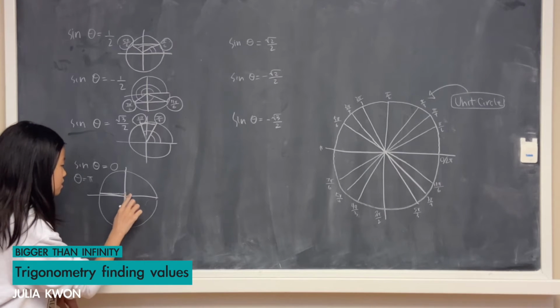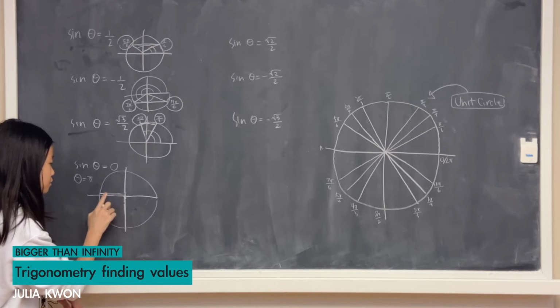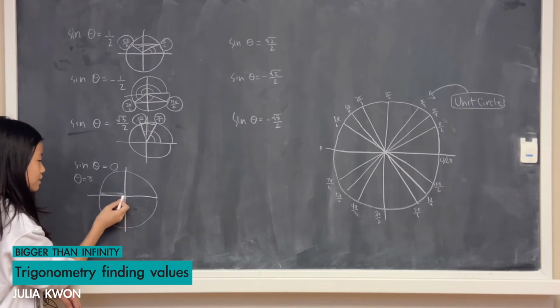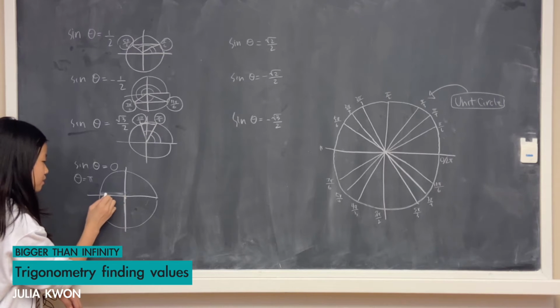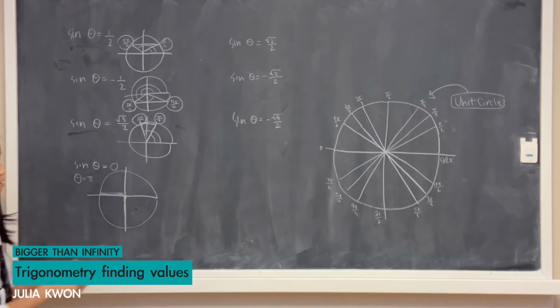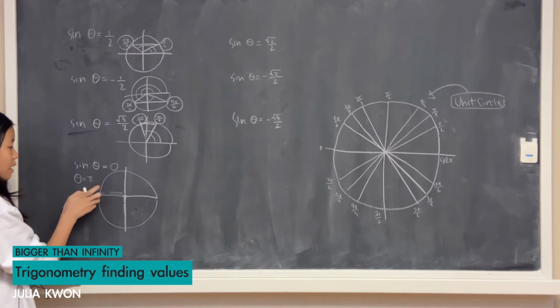But if this line here was even closer to pi, right here, where you can barely even see it, then it would be even closer to 0, right? And that's why one of the answers for theta is pi.